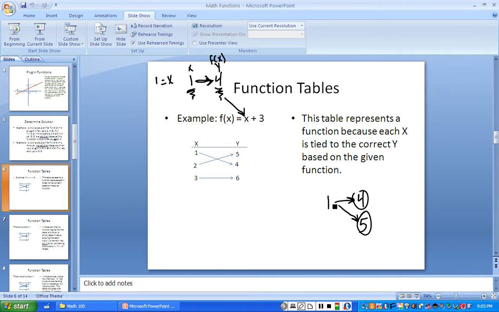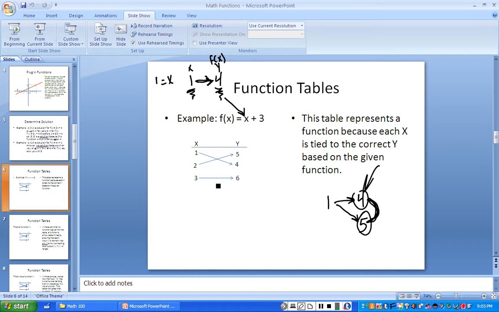Every time I plug in 1, I better get the same answer. Okay? That's all we're trying to get you to understand here. So this table represents a function. Again, the exercise here is about looking at a table and being able to determine whether or not that table represents a function or not.